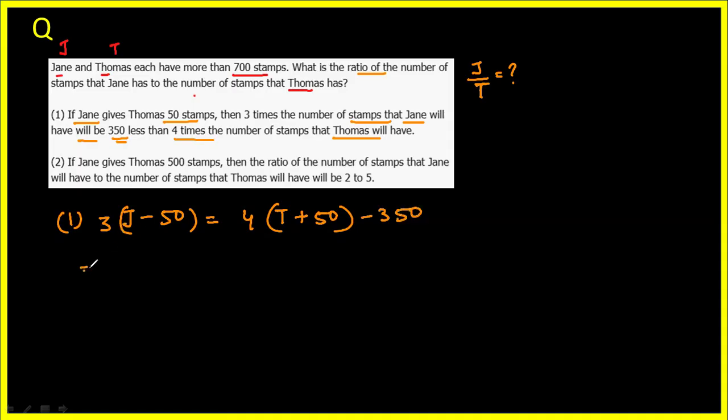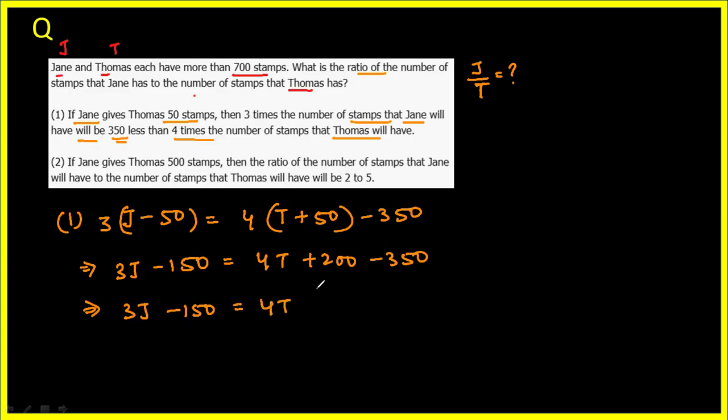Now simplifying further, open the bracket: 3J minus 150 is equal to 4T plus 200 minus 350. Solving further, 3J minus 150 is equal to 4T minus 150, since minus 350 plus 200 is minus 150.